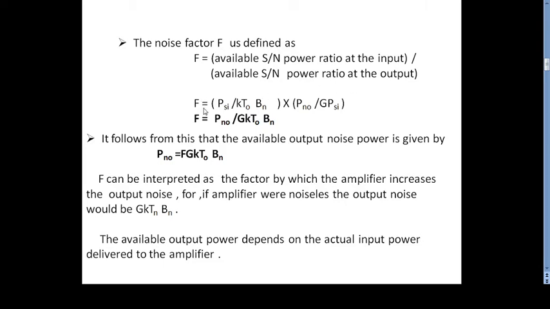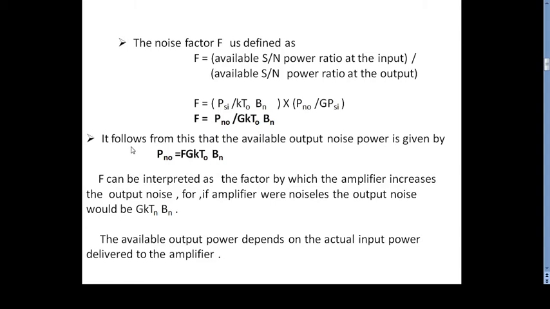So by using the formula, we can calculate the noise factor: signal power at the input divided by k into T into Bn, into output noise power divided by gain of the amplifier into input signal power.